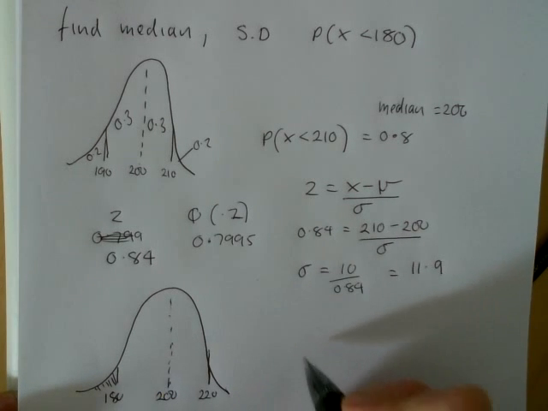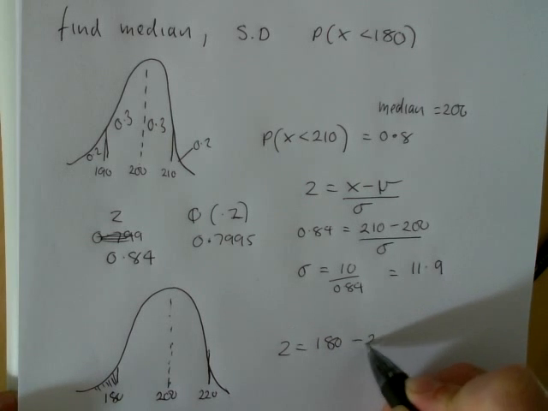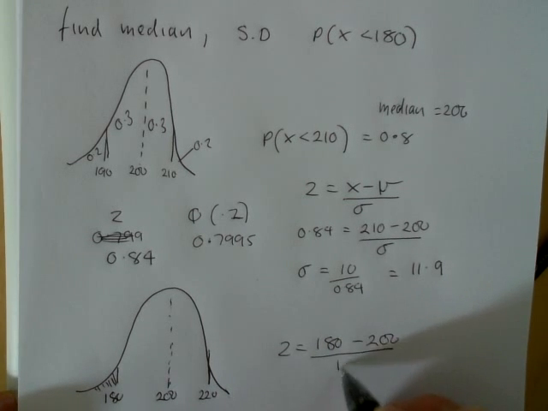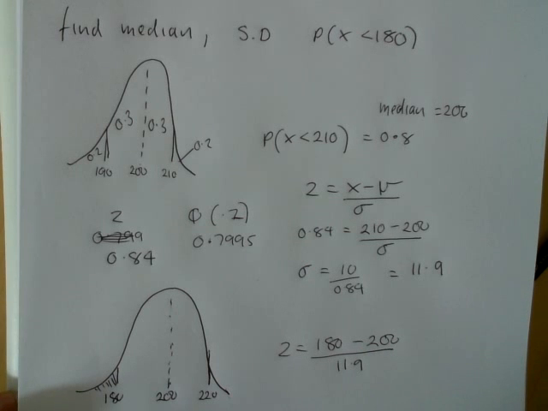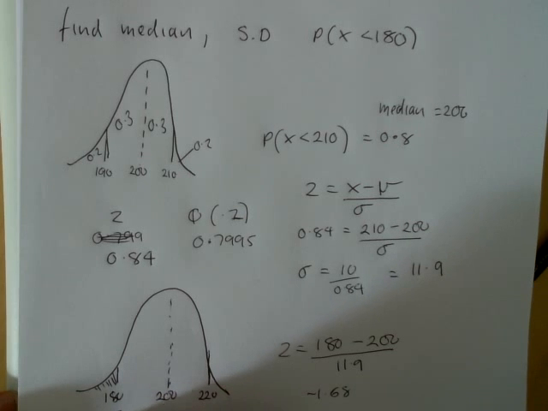Now our z value will equal 180 minus 200 all over 11.9. We'll quickly calculate that. So that's minus 20 divided by 11.9. That gives us a z value of minus 1.68.